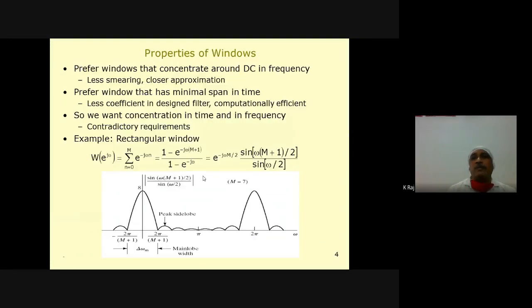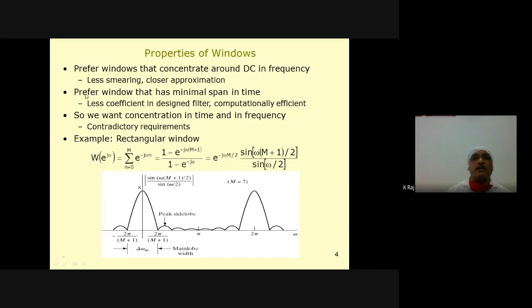Now we will describe the properties that should be used during the designing of the FIR filter. We have to prefer windows that concentrate about the DC frequency. Why will this property be utilized? Because if we utilize this property, then less smearing, less modification will take place, that is a closer approximation will take place.